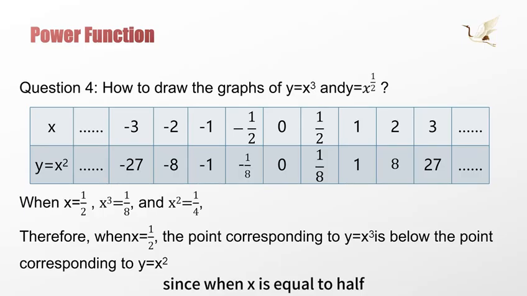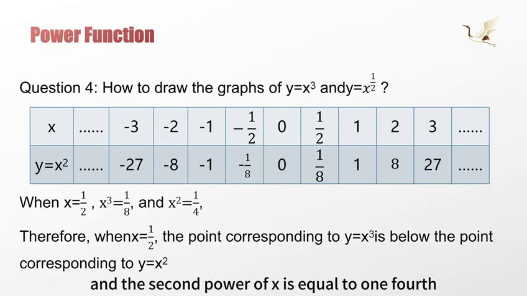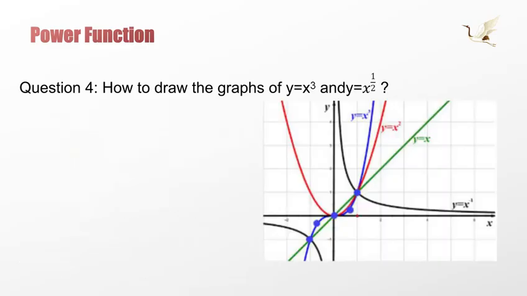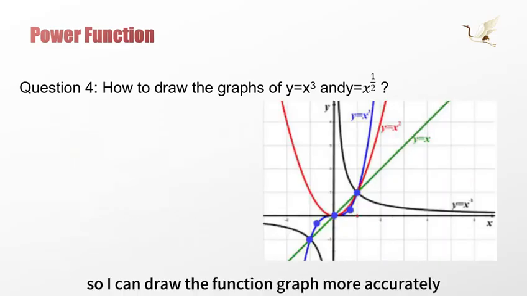Since when x is equal to 1/2, x³ is equal to 1/8, and x² is equal to 1/4, therefore, when x is equal to 1/2, the point on the image of y = x³ is below the point on the image of y = x². So I can draw the function graph more accurately.